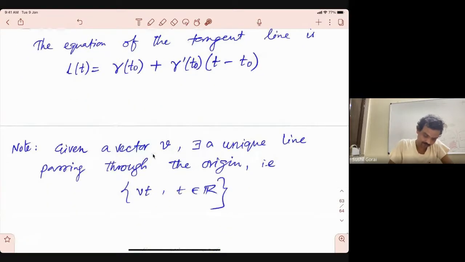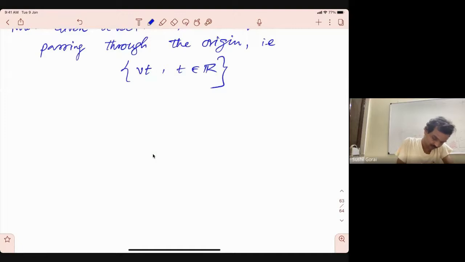All right. So let us look at a few examples. Let's look at the following: gamma of t equal to t, t square, e to the power t.